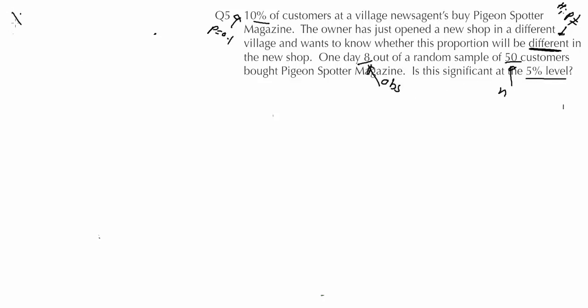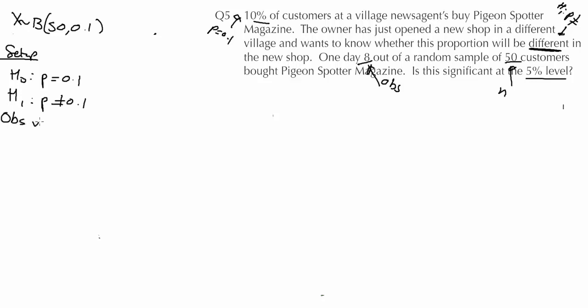5% level. So okay, binomial. How many trials do we have? We have 50 trials, and the probability we're testing is 0.1. Let's do our little setup. H0, we think, is p equal to 0.1. H1 is p not equal to 0.1. Observed value equals 8, sig level 5%. This is a two-tailed test.